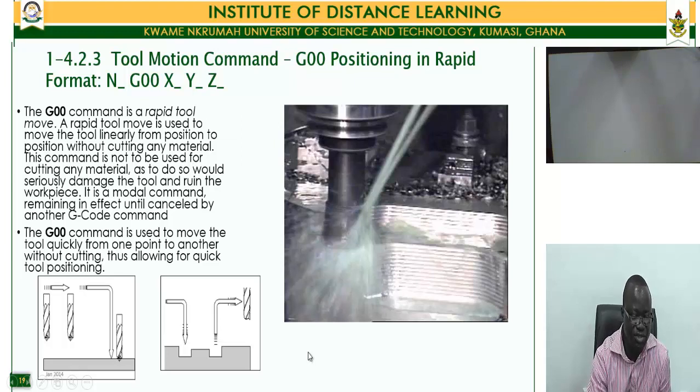That is very important information, because if you use it to cut a material, it may cause serious damage to the tool, and it could ruin the workpiece as well.